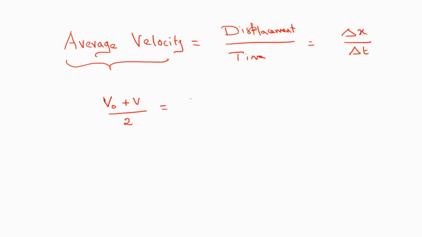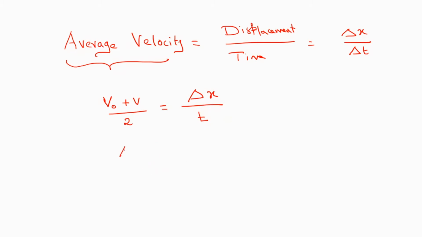And here for the displacement, we know the formula, it is delta x. And the time value, that means the change in time, I'm going to take as t. Now I'm going to rearrange this equation. So how can we rearrange this equation? I'm going to frame the equation in terms of displacement.